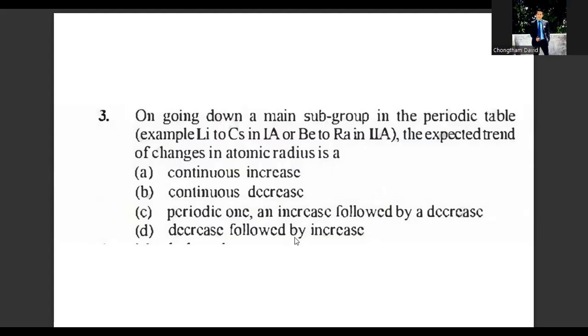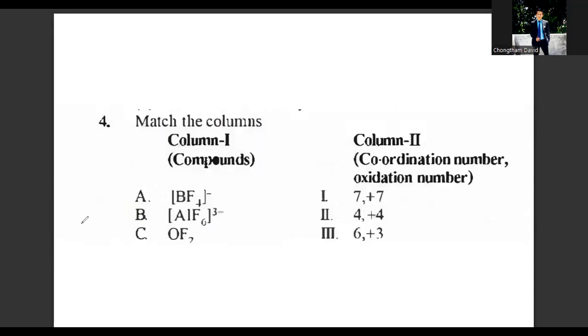So continuous increase, as the number of shells increases down the group. So A would be the answer for question number three. Continuous increase. Okay, moving on to the next question. Question number four. Let us read together.